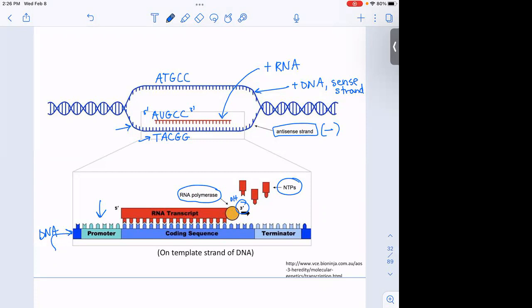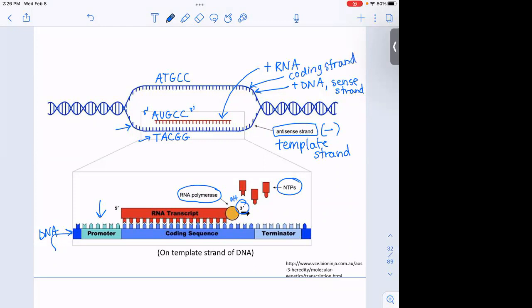So the other name that we have for the antisense strand is the template strand. That makes sense because when you use something as a template, those are the instructions that you use to make something else. So that may be familiar. But the other strand, in addition to being called the plus sense or the sense strand, we also refer to as the coding strand.